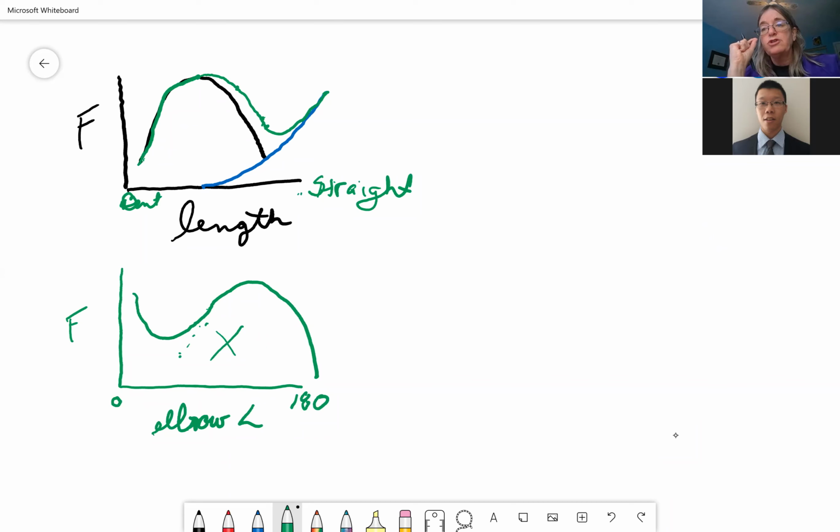Because as you bend your elbow, the biceps gets shorter and shorter. So longest when it's out here, shortest when it's here.